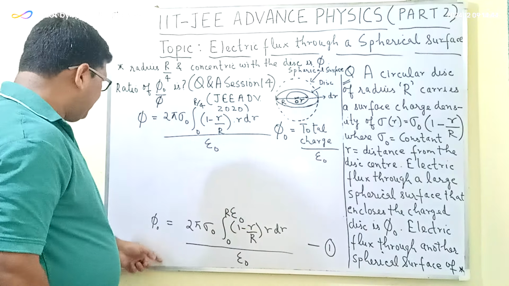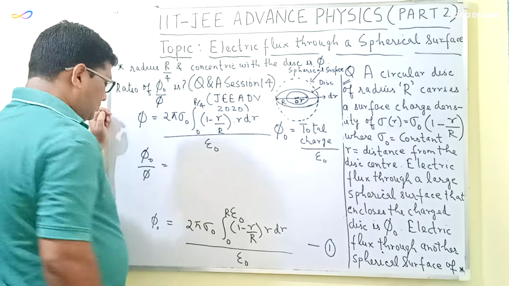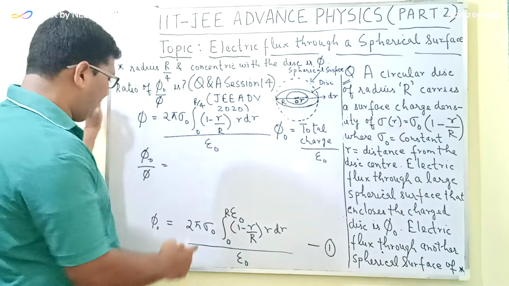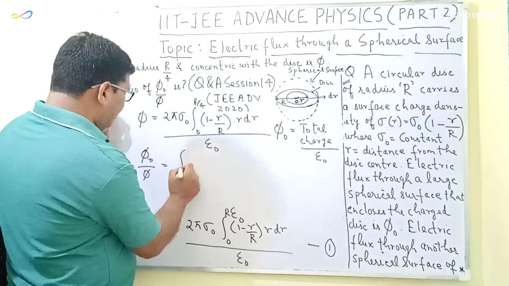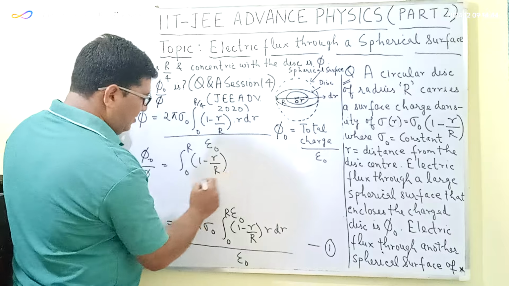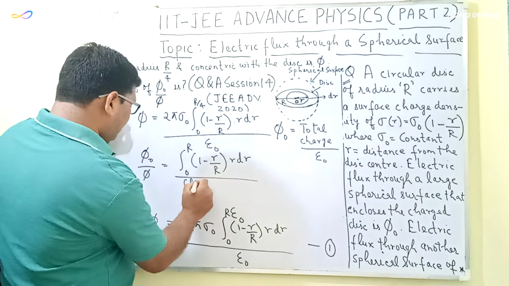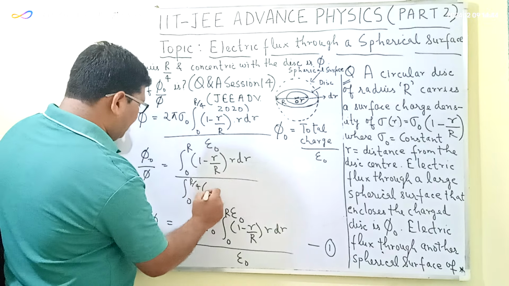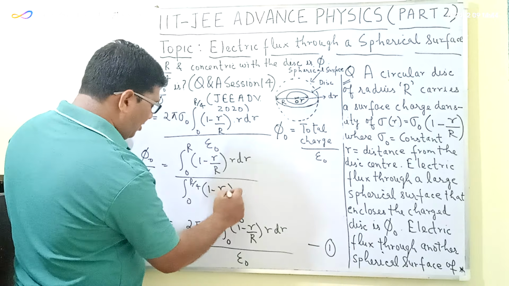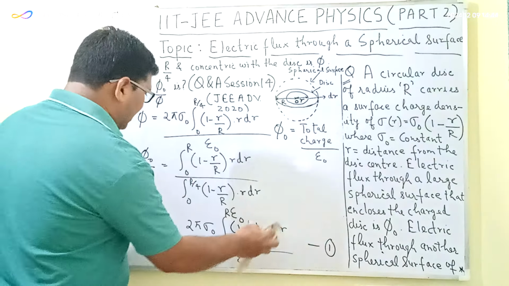So if I divide both these two equations, that is phi naught upon phi, what I will be getting is that epsilon naught and 2 pi sigma naught will get cancelled out, and finally I will be getting the integration within limits of 0 to R of 1 minus r by R, r dr, divided by the integration within the limits of 0 to R by 4 of 1 minus r by R into r dr. So this is the equation which I have finally got.